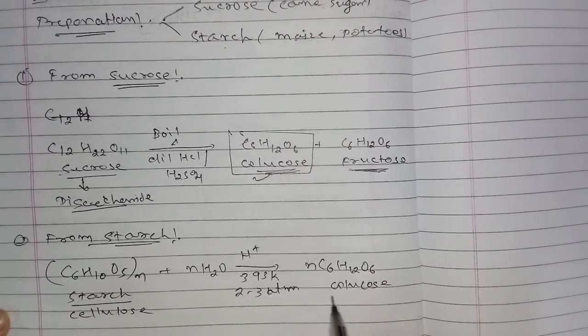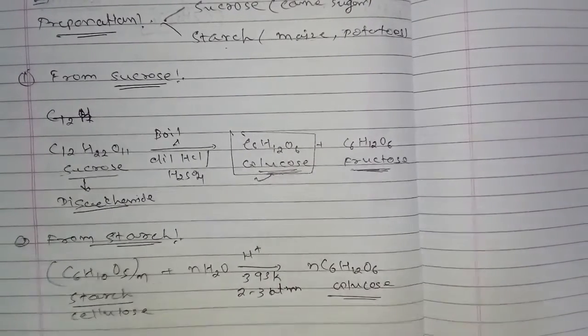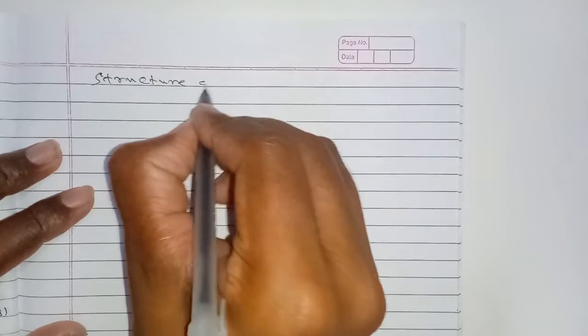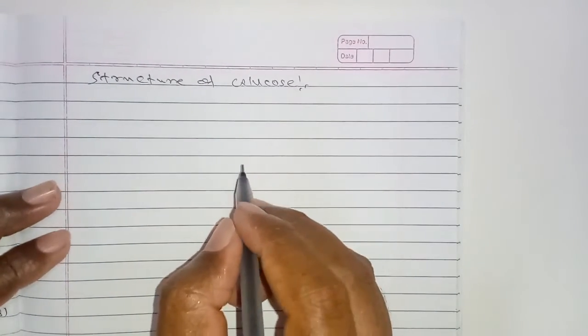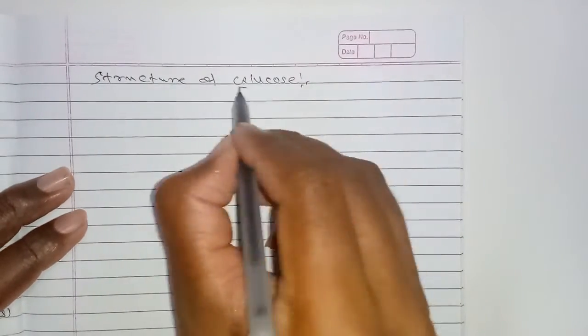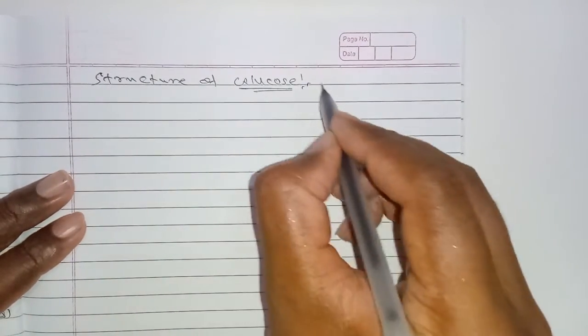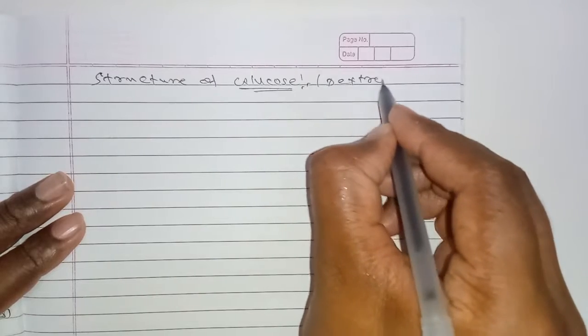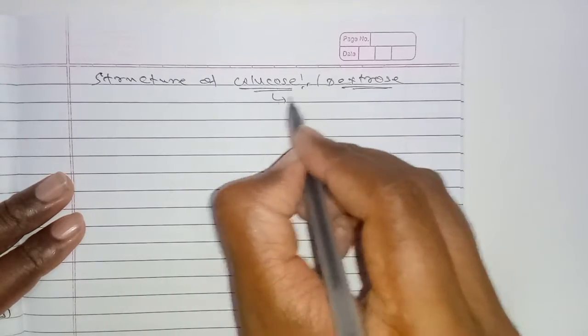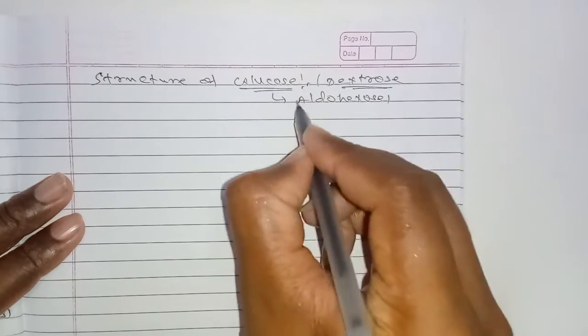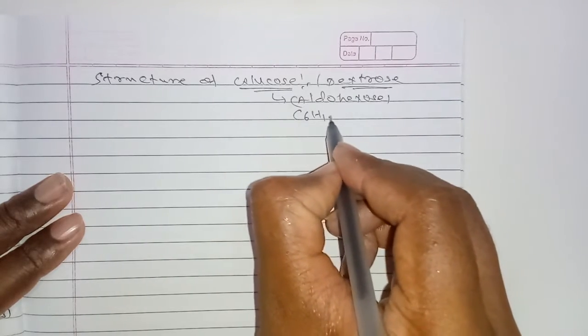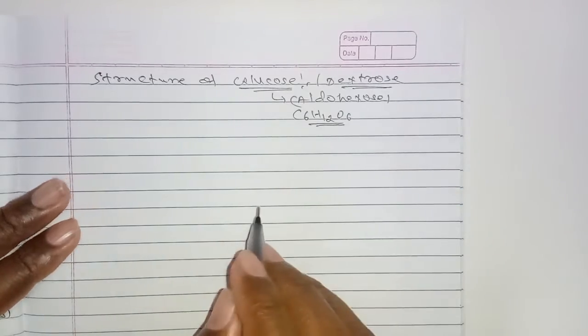Now let's see the structure of glucose. Glucose, or dextrose, is an aldohexose and its molecular formula is C6H12O6.